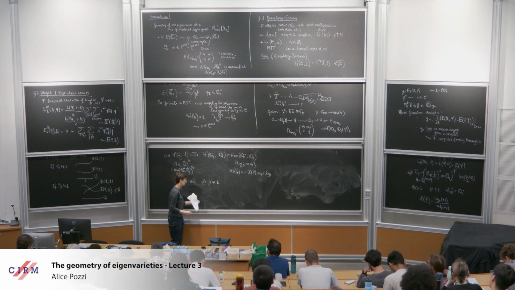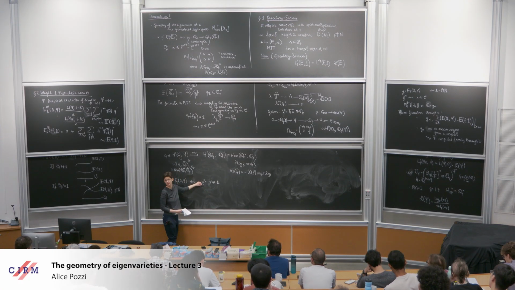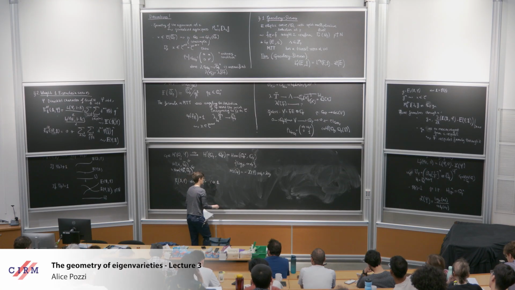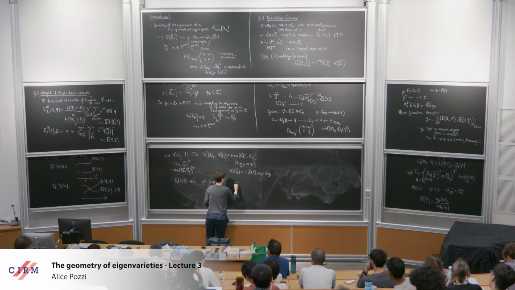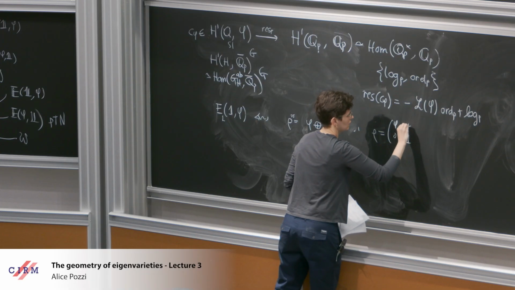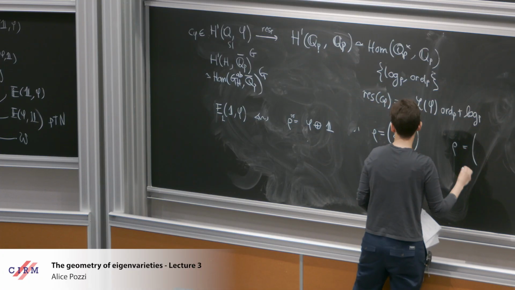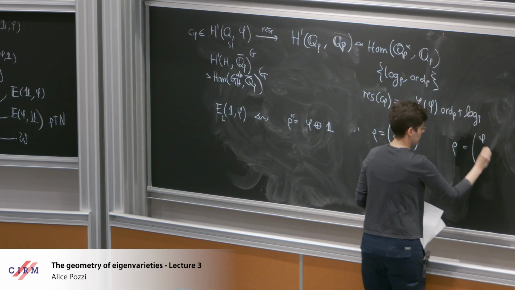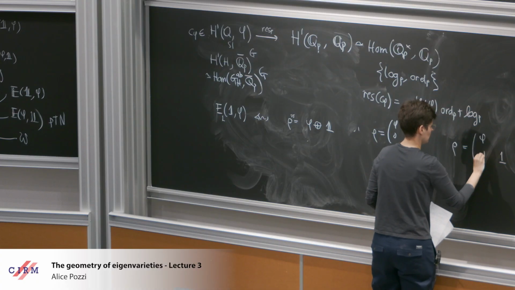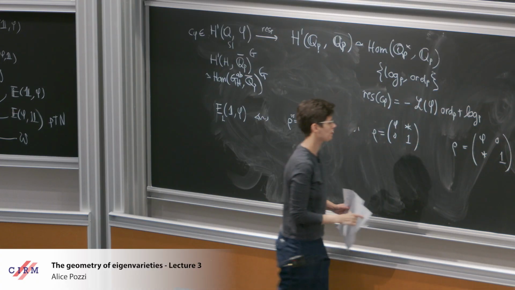And in fact, I can consider different Galois representations that give me the same semi-simplification. I can consider one that is of the form (phi, 1; 0, star), and the other that I can consider is (phi, 1; star, 0).